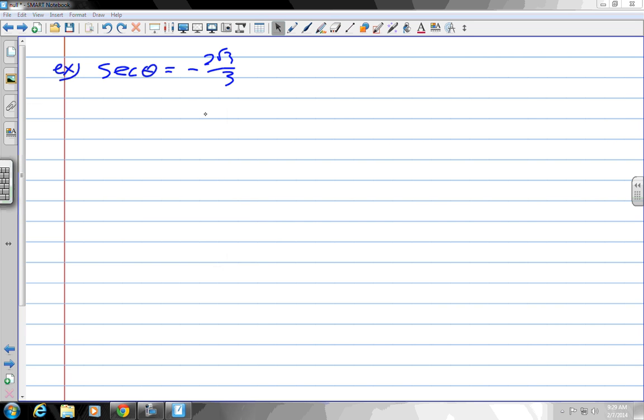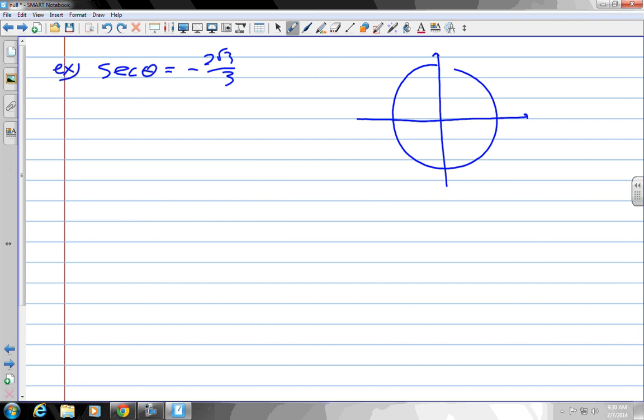All right. I want to find all solutions. One thing we should realize is that we have our definitions of secant and cosecant and all those fun points. But when we talk about secant, it's always easier to think about the cosine.